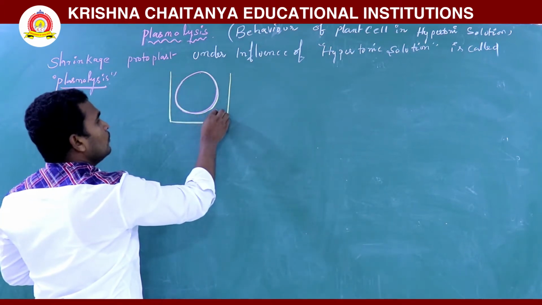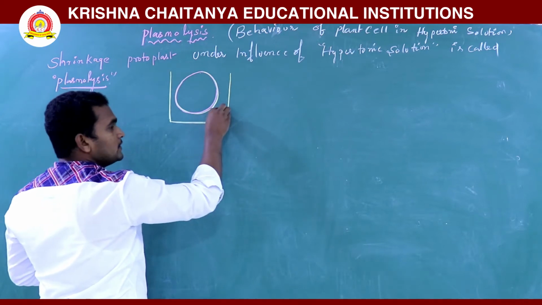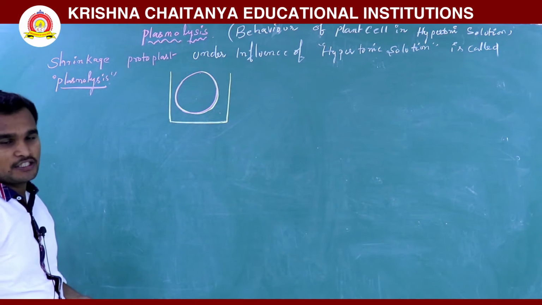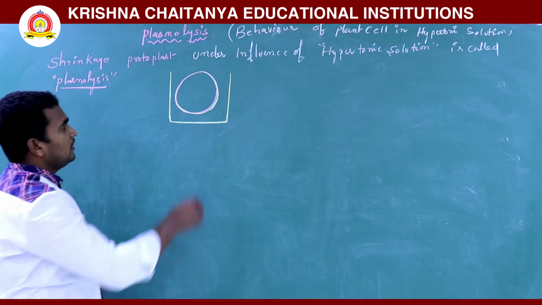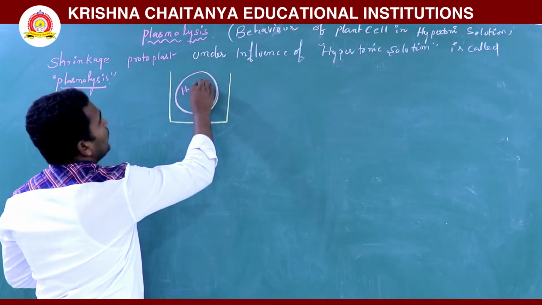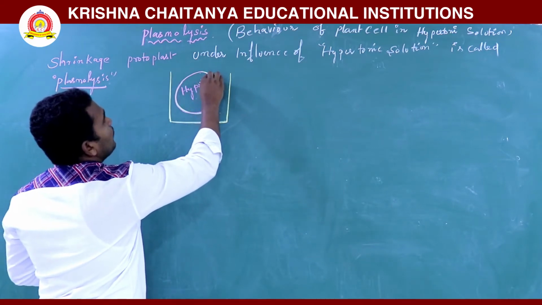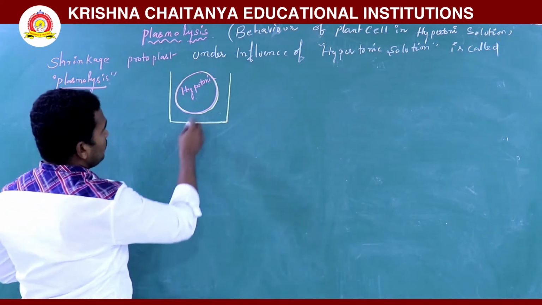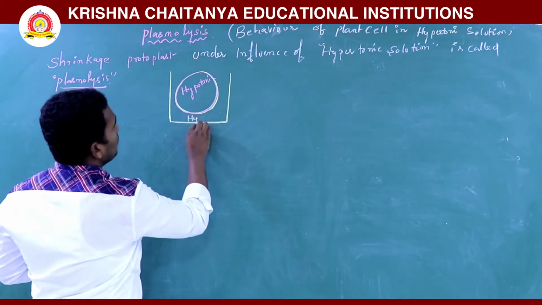Here it is more concentrated, here it is diluted. We are observing the hypertonic condition in the plant cell.